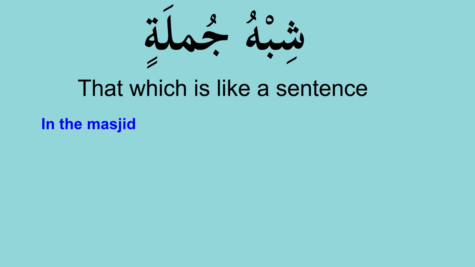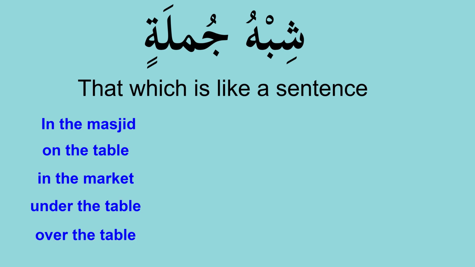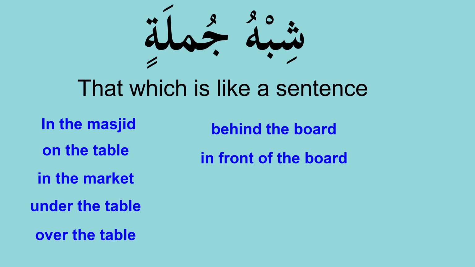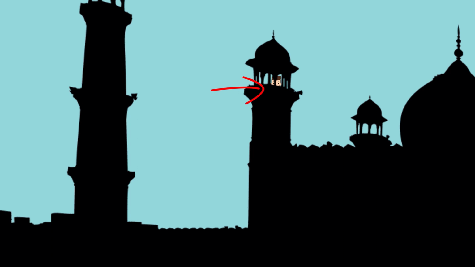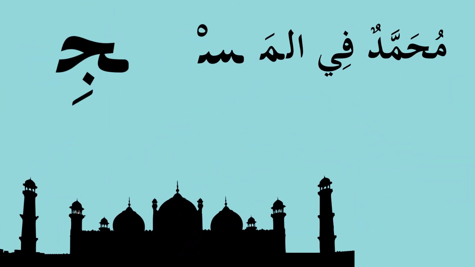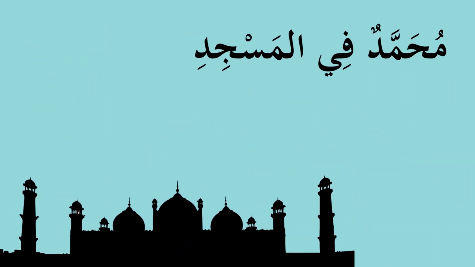In the masjid, on the table, in the market, under the table, over the table, behind the board, in front of the board. These are all shibhu jumla. Okay. So, brothers and sisters, if I tell you Muhammadun fil masjidi, because fi came, how will you translate?